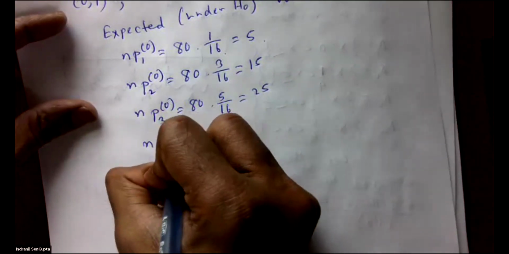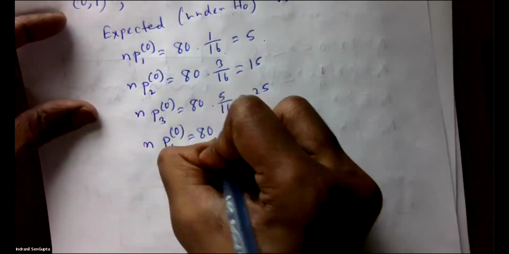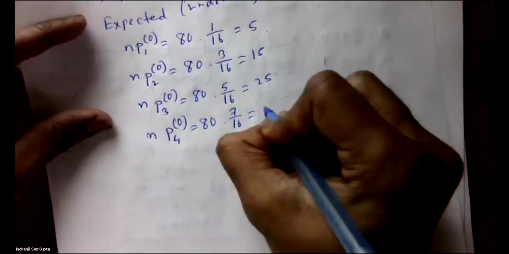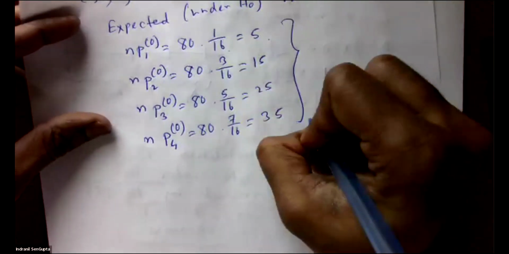And n p4^0 is 80 times, finally, 7 over 16, which is 35. So these are the expected values, right?